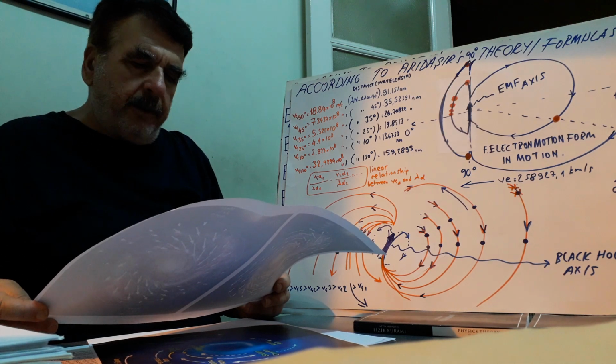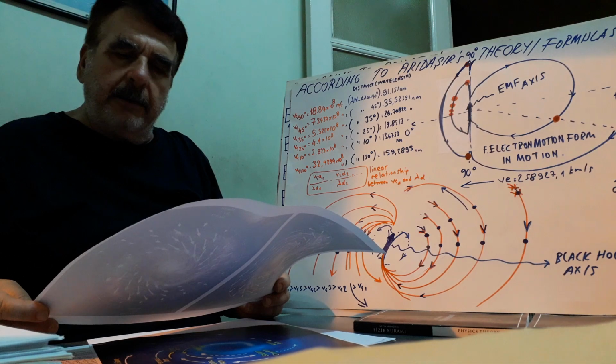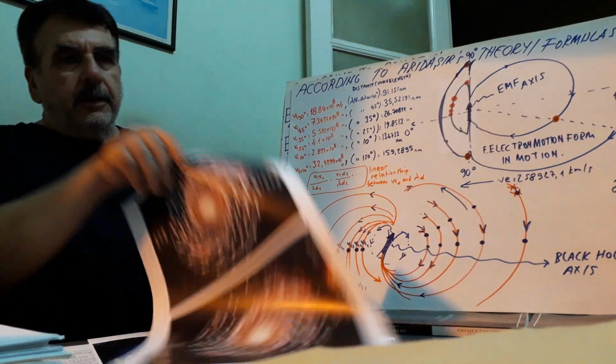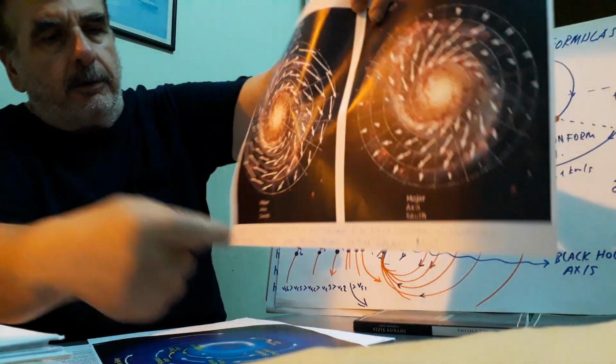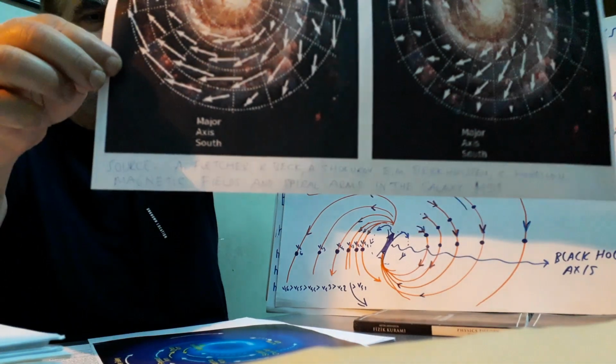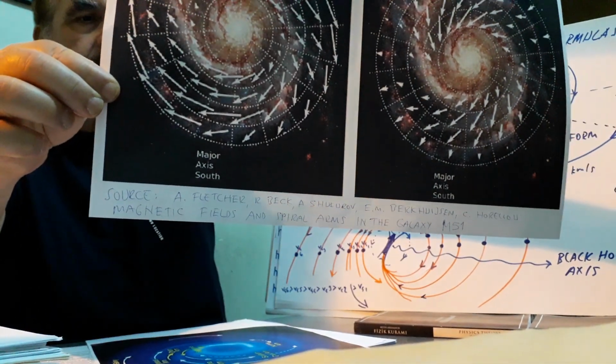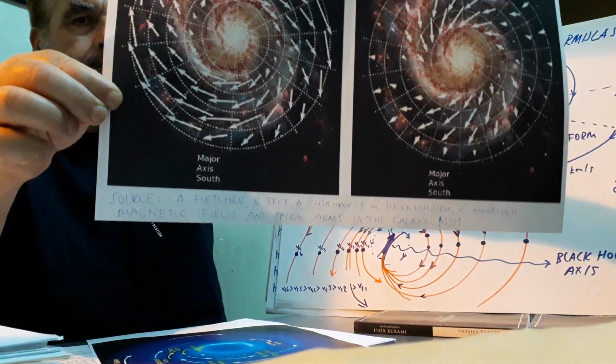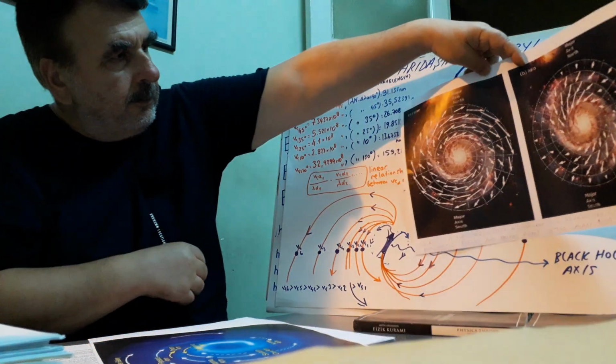Magnetic fields and spiral arms in the galaxy M51. Source below, I wrote. I hope you see. Look at that.